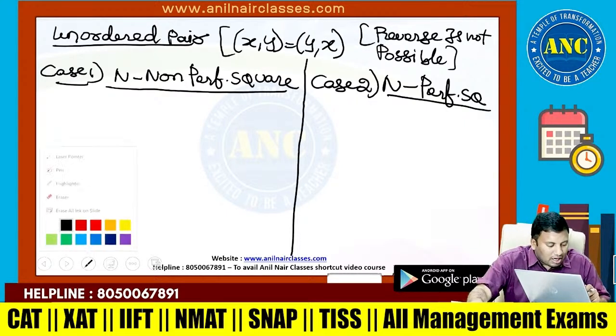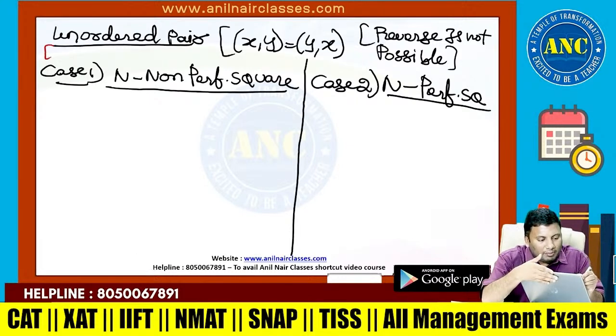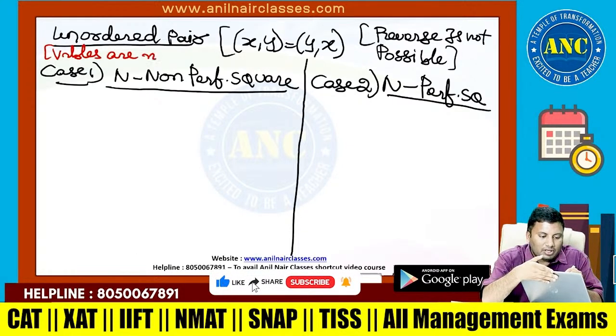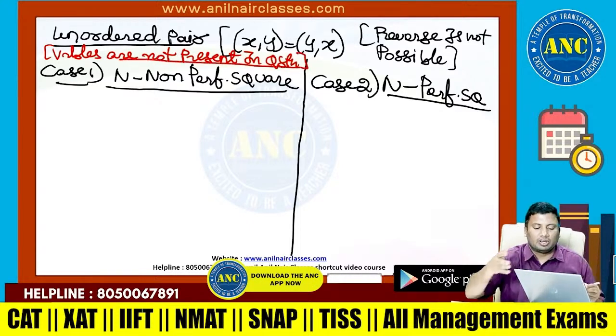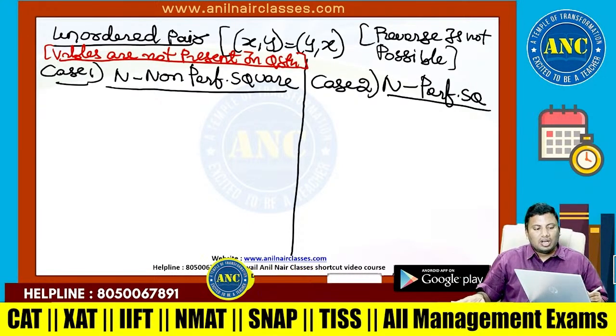When to use unordered pair? If variables are not present in the question, then I will use unordered pair.